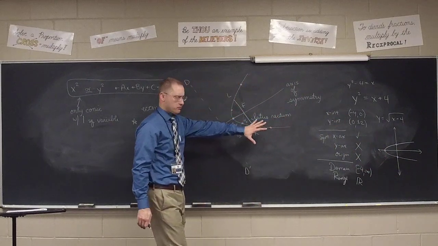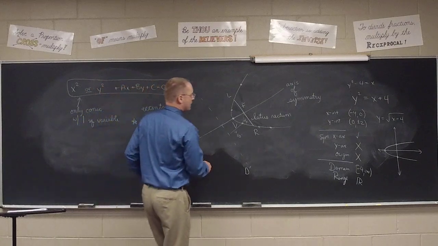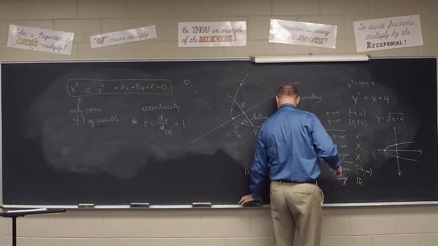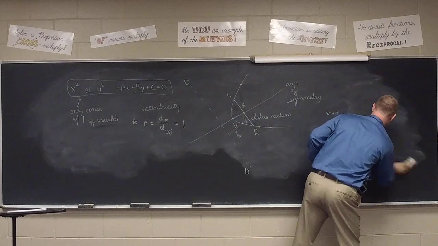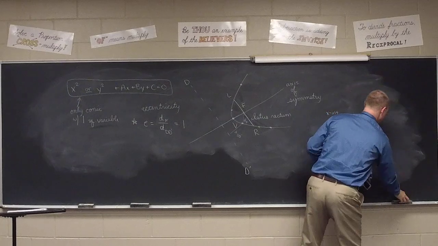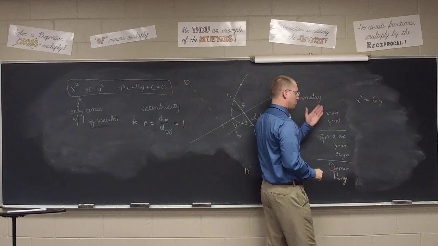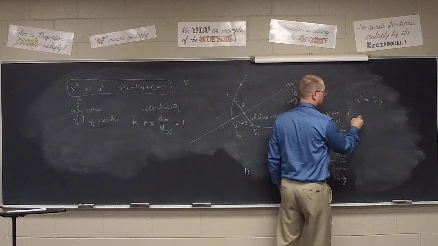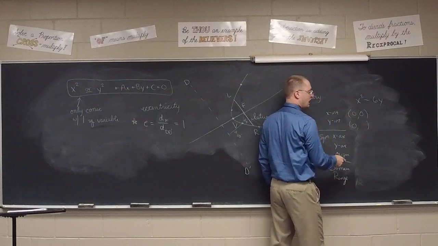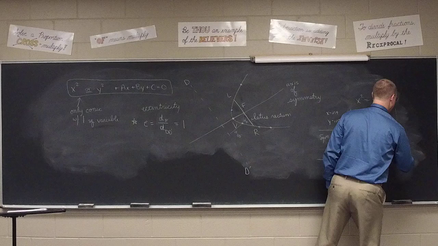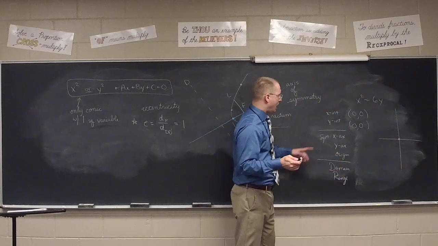Remember doing this? Okay. For that matter, if I had something like x squared equals 6y, we could do the same kind of analysis. What's the x-intercept? 0. What about the y-intercept? 0, 0. So here the graphing became a little harder because I only had the 1 point, right?